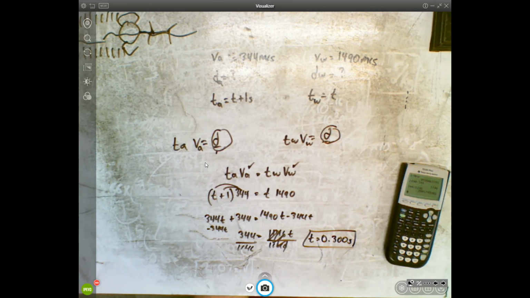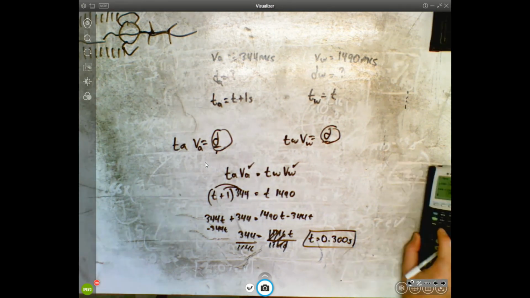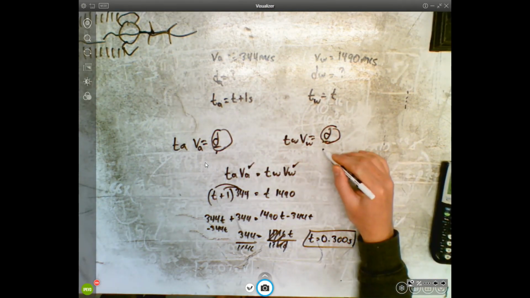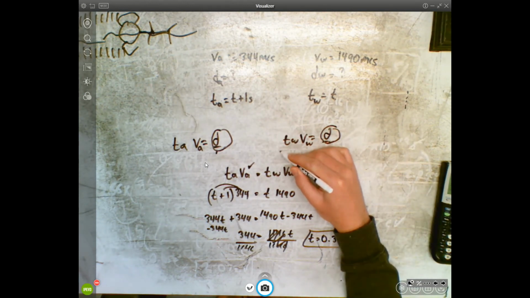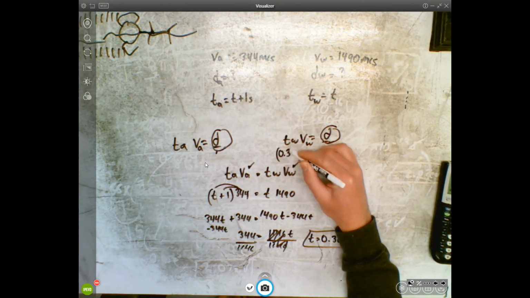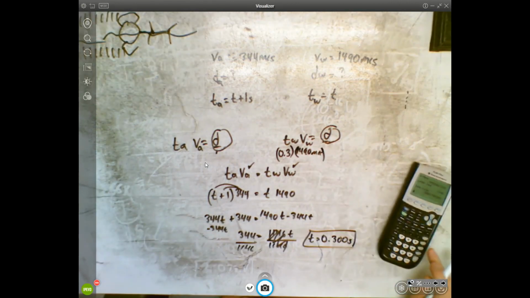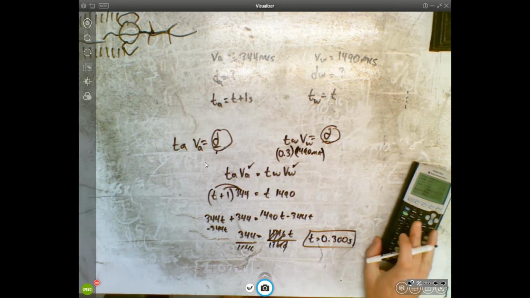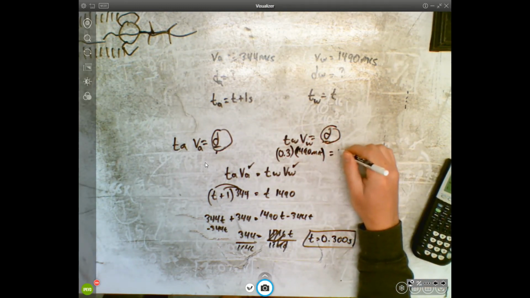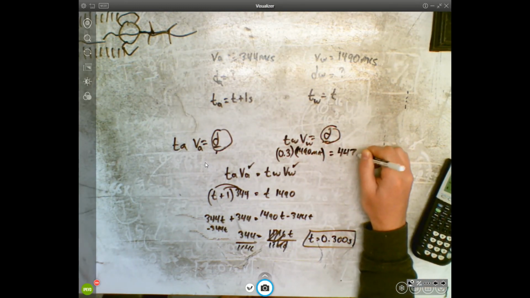Right? So I'm trying to determine the distance away from the swimmer. Well, now that I have my time, all that I have to do is go 0.3 times my velocity in water, 1490 meters per second, and I get 447 meters.